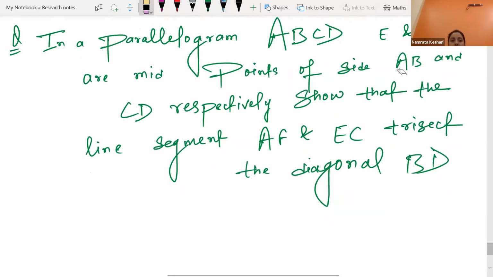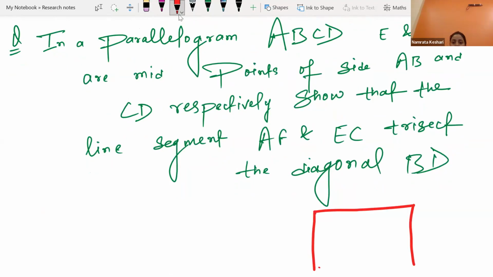So we are having ABCD. First thing, the way I'm writing ABCD, is it correct? No, the sequence, ma'am. Where shall I start?